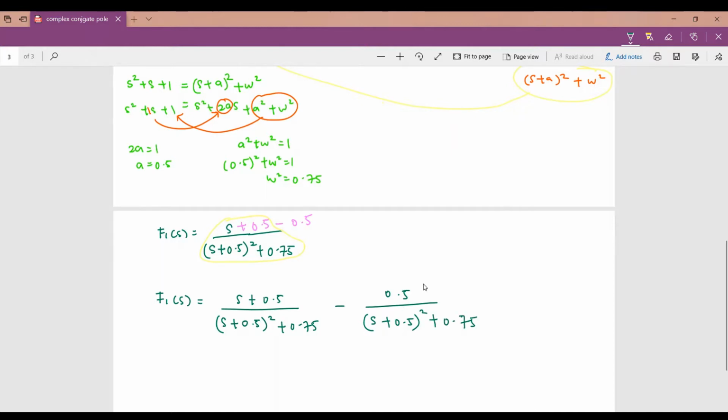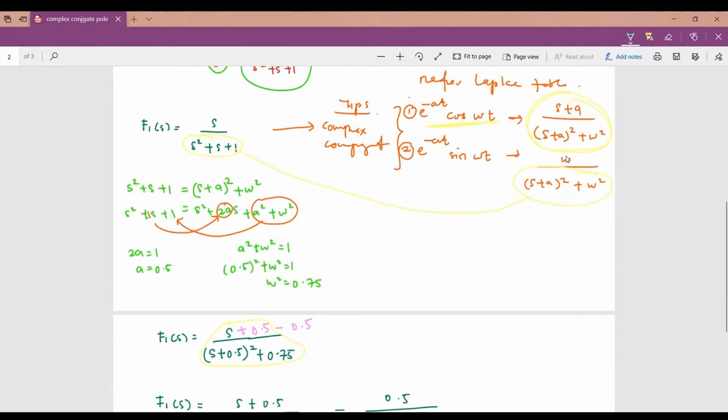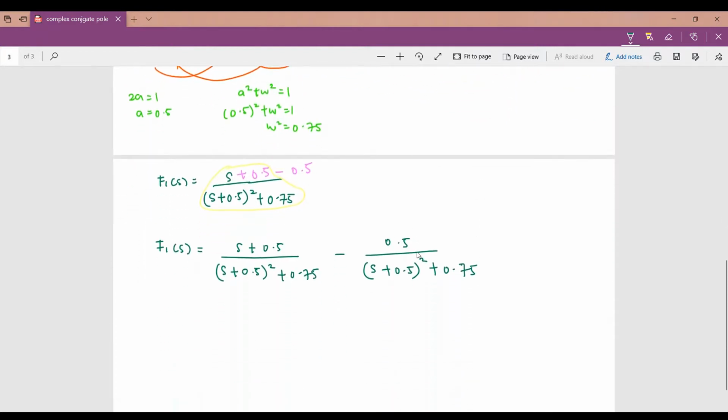actually, when there is no S element at the denominator here, it is this one, exponent negative at sine omega t. But the element omega is supposed to be at the denominator, and I don't have the omega element. But don't worry.